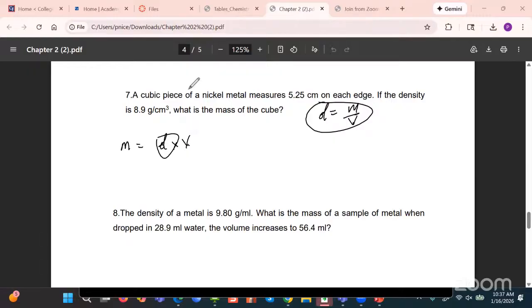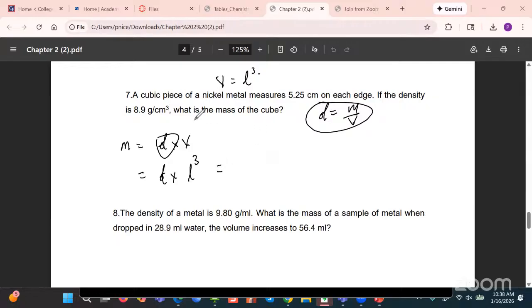But more specifically, when it comes to a cube, it will simply be length cubed because each side has the same length, right? So you're right in terms of the formula, but there's another way of expressing it, which is simpler, right? So therefore, mass will be equal to density multiplied by the volume, which is equal to the length cubed, right?